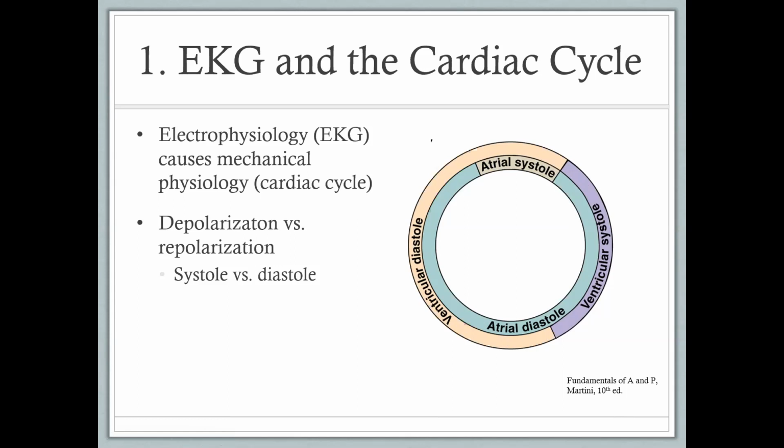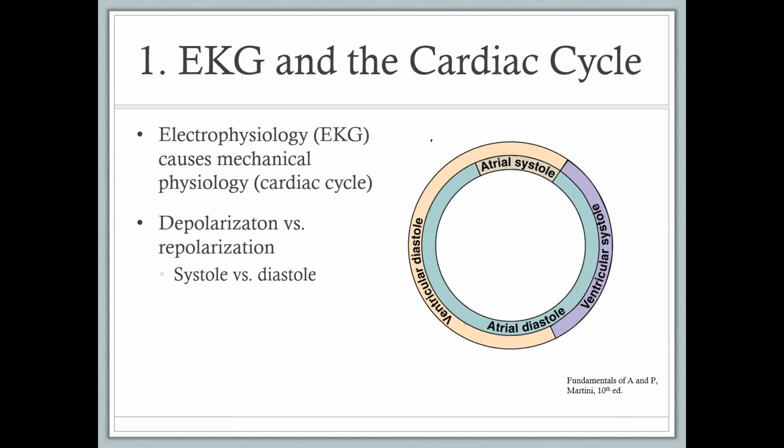But the takeaway here is what causes the atria and the ventricles to contract and to relax? Well, remember, it is the electrophysiology. It is the electrical events of the heart. And so your book will go into some more detail about what those electrical events are.